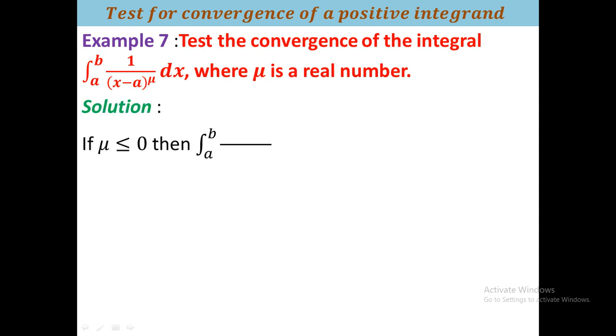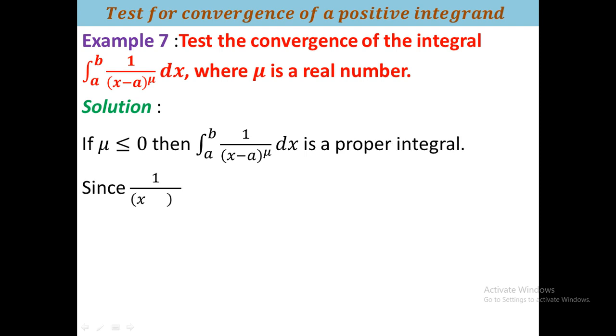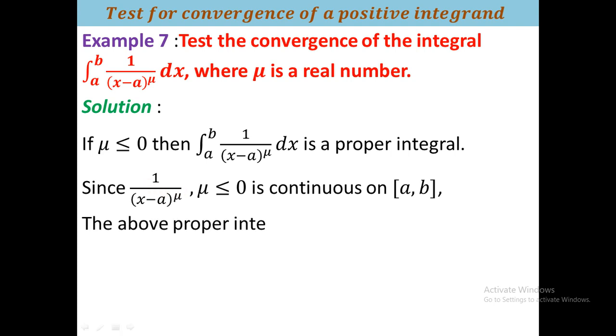If mu is less than or equal to 0, the integral is a proper integral and it is continuous because the function (x minus a) to the mu is continuous. If mu equals 0, this is constant, therefore it is continuous. If mu is negative, this will be (x minus a) to some power. This function is also continuous. Therefore, we can integrate that function. Therefore, the above proper integral is integrable.